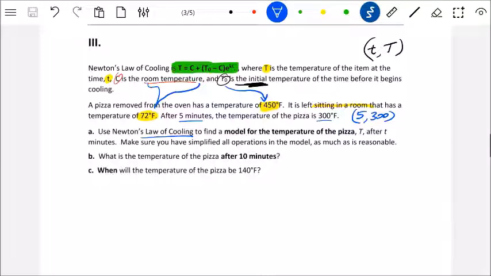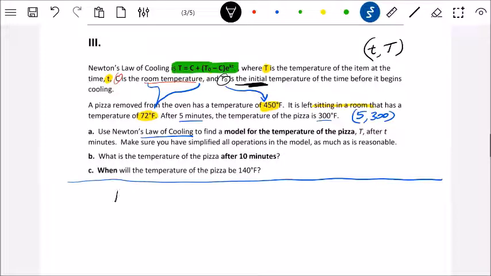So let's look at A. I'm going to put the formula T equals the room temperature plus the initial temperature minus the room temperature times e raised to the kt.